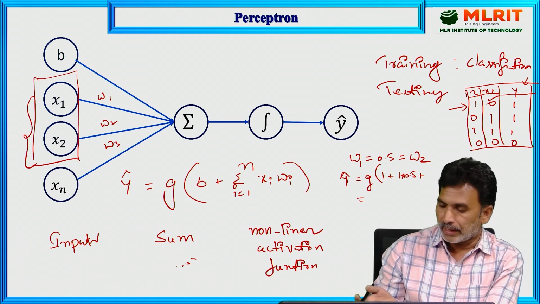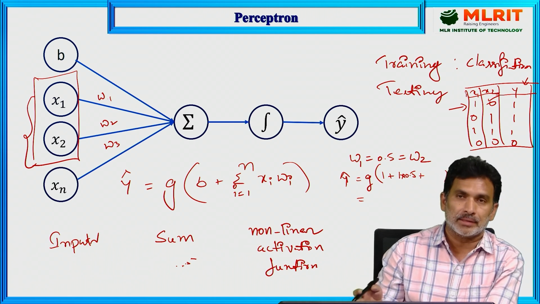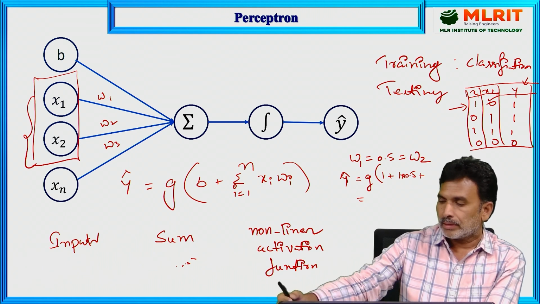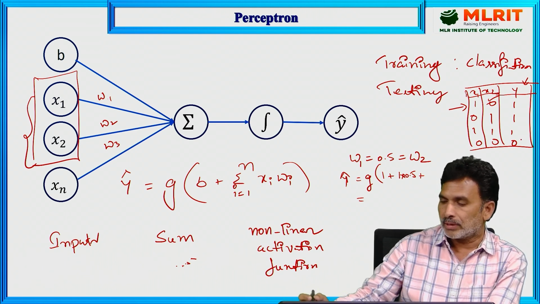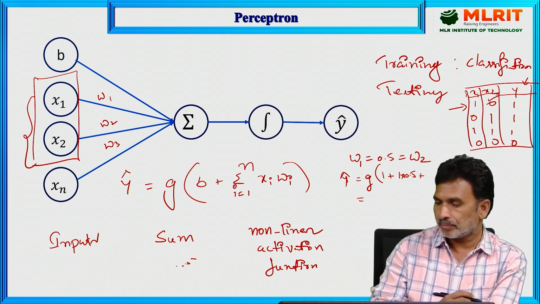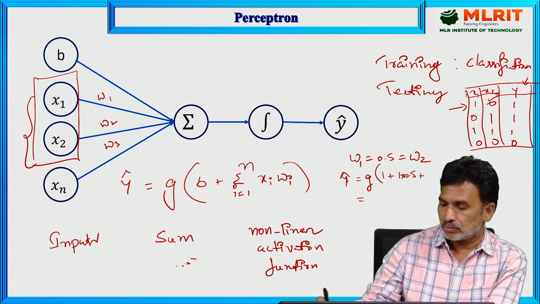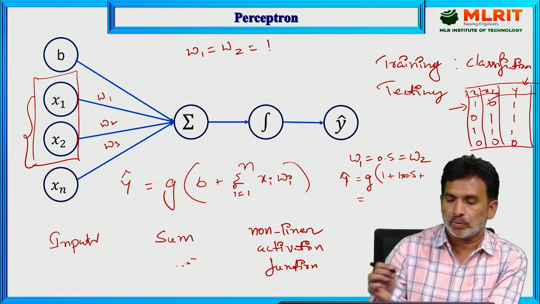Here we have to design a nonlinear activation function in such a way that, for example, suppose the weights w1, w2 are equal to 1.